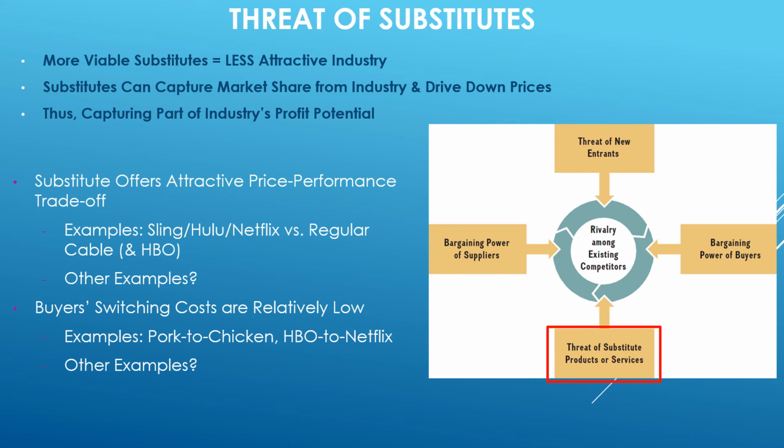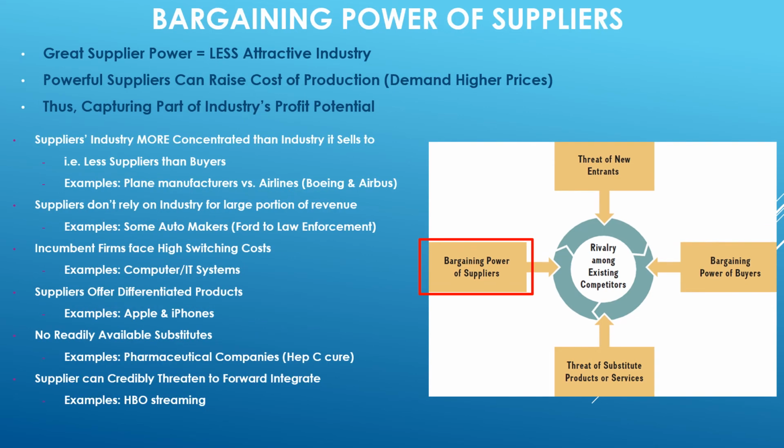So think of things where you can easily move between Sling or Hulu and Netflix or Amazon Prime. But then notice how some of those companies try to defend their position by having specialized or exclusive releases.